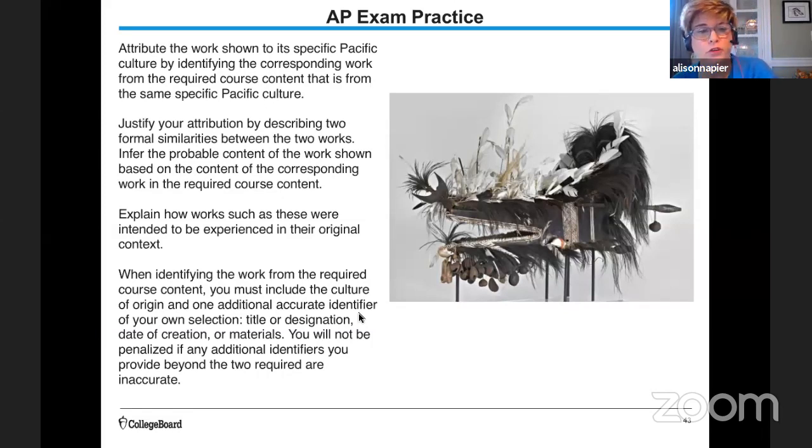I gave you an attribution question with an unknown work. So what you need to do is attribute it to the specific Pacific culture. It's a little bit of a tongue twister. And identify the corresponding work in the image set. Justify it by talking about the formal similarities.